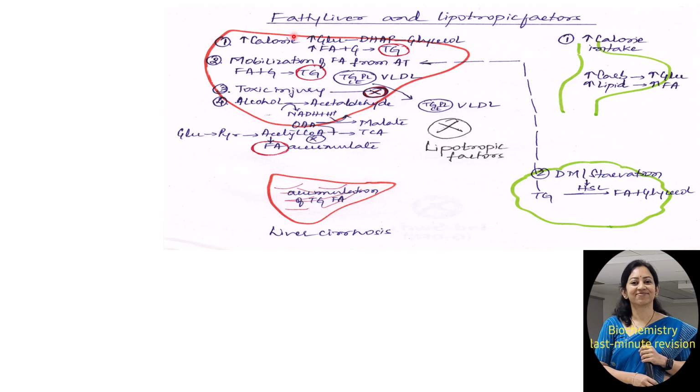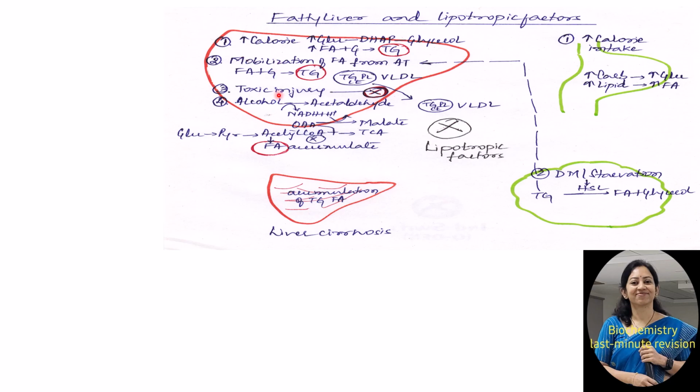These fatty acids go back to the liver and get converted to endogenous triglycerides, and that is how fatty liver occurs. So the second cause is mobilization of fat from the adipose tissue due to uncontrolled diabetes mellitus and starvation. This is the biochemical basis.